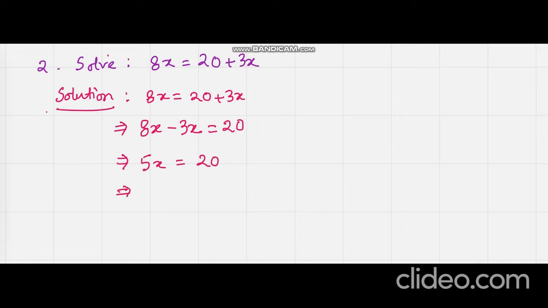So x will be, now since 5 is multiplied with x, we are changing the side, so 20 by 5, it will be divide, so that is 4. So the answer is x equal to 4 is the solution. Okay, clear?